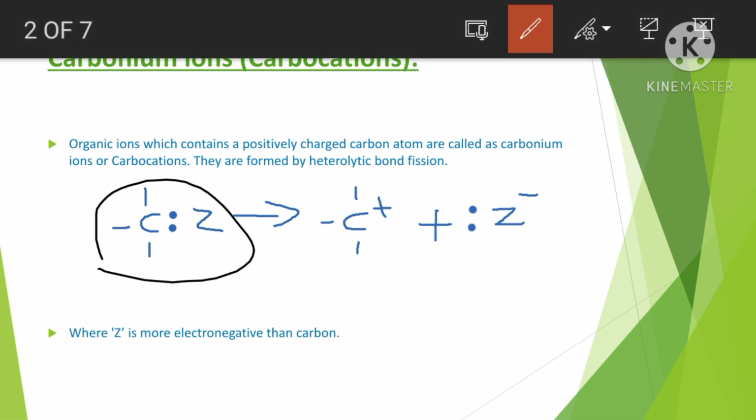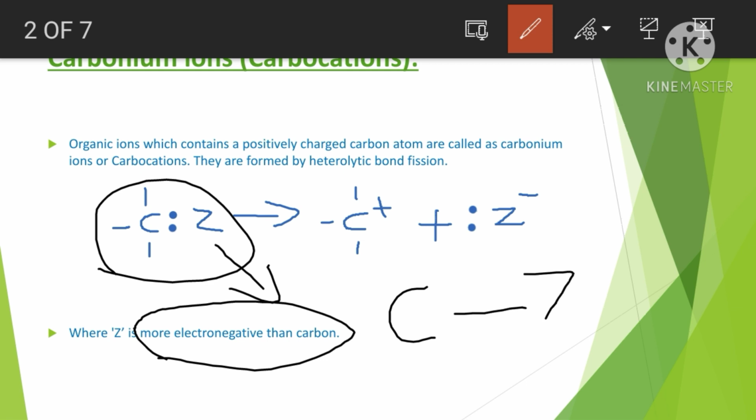This is the example. Here Z is an atom or molecule which is more electronegative as compared to the carbon atom. There is a bond between carbon and the Z atom or molecule.